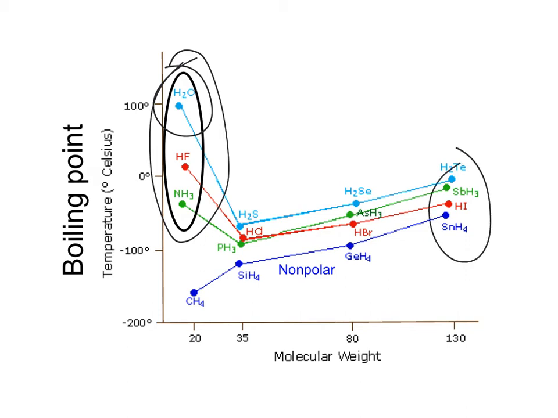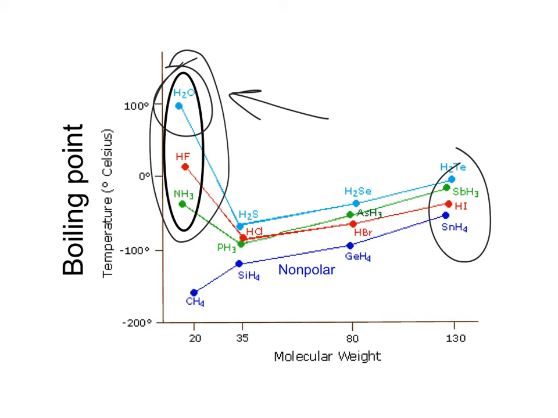Even though they're so much bigger, they're not really able to compete with water. And it comes down to the strength of the IMFs. Even though it's a much smaller molecule, that hydrogen bonding is just so dramatically stronger than any kind of dipole-dipole that our other polar molecules would be able to put up.